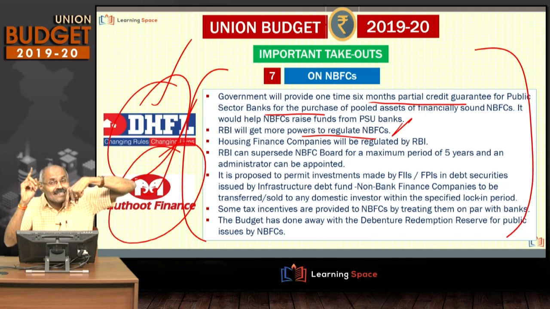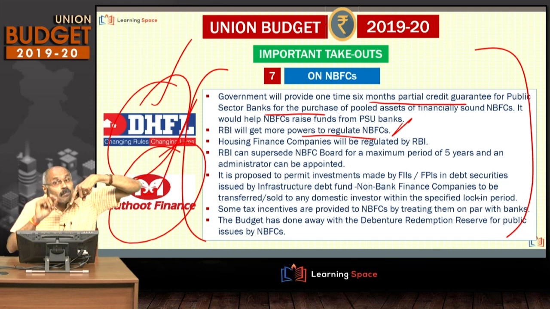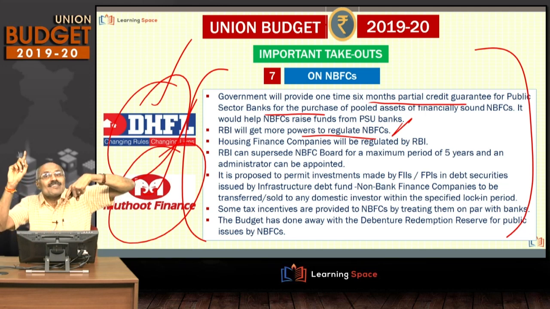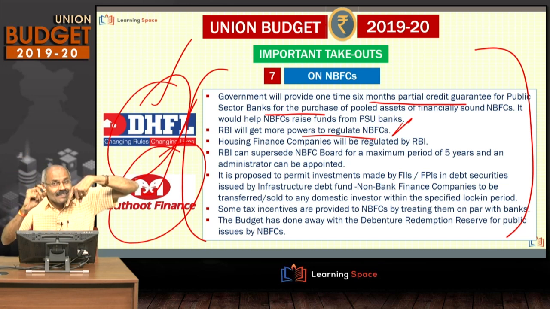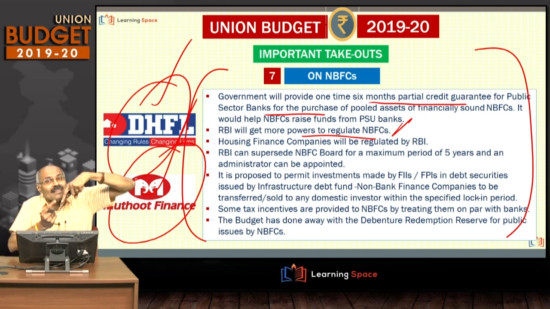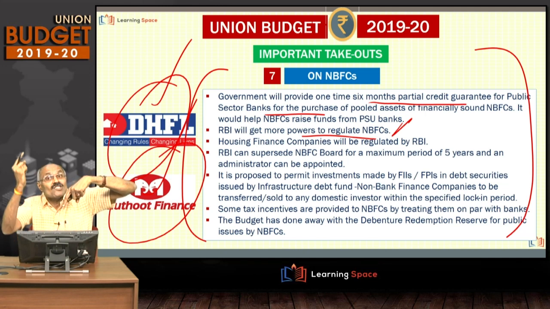Housing finance companies are now regulated by National Housing Bank, and now the regulation will go to Reserve Bank of India, and National Housing Bank will continue to be refinancer and lender, but the regulation will be with Reserve Bank of India. Most important. Friends, housing finance companies, let me tell you once again, the refinancing mechanism that will be still with National Housing Bank, but the regulation will go to Reserve Bank of India from now onwards.